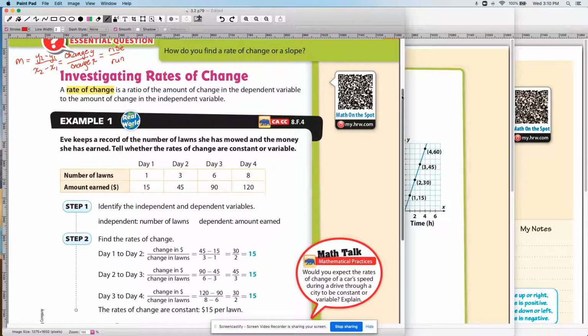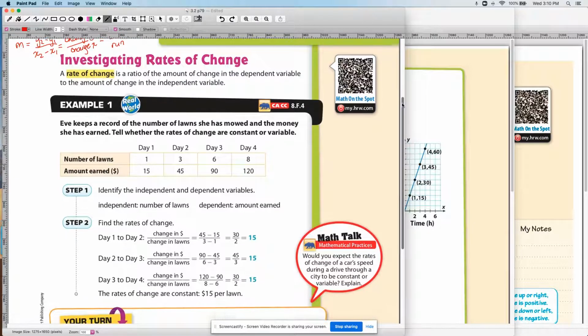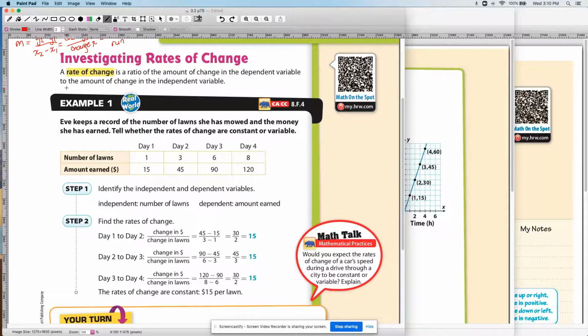So today we're going to talk specifically about rates of change, and the definition of a rate of change is the ratio of the amount of change in the dependent variable compared to the amount of change in the independent variable. Remember the other day we talked about what comes first goes in the numerator and what comes second goes in the denominator.